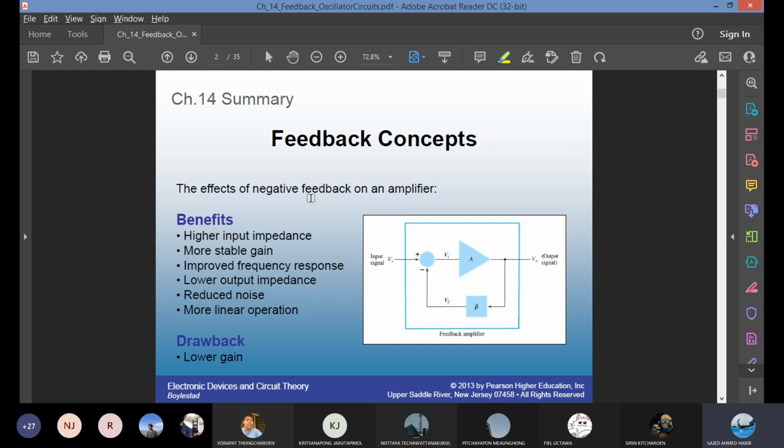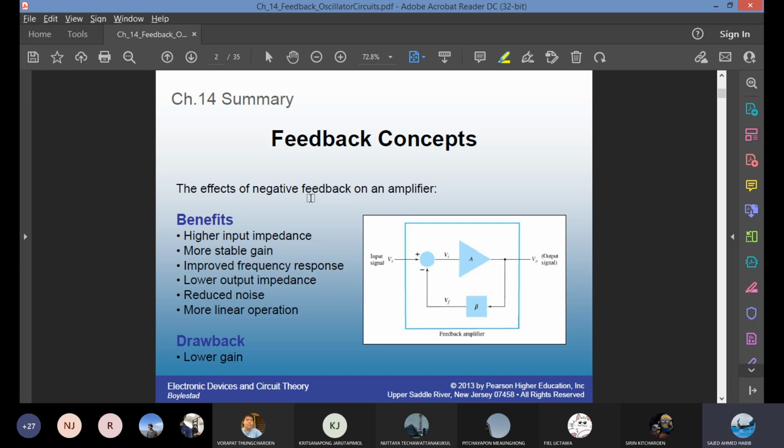When we studied first about the amplifier, especially the op-amp, we learned that you can have an open loop gain, or you can close the loop by connecting output with an input. The gain will be less. Usually it's a negative feedback.